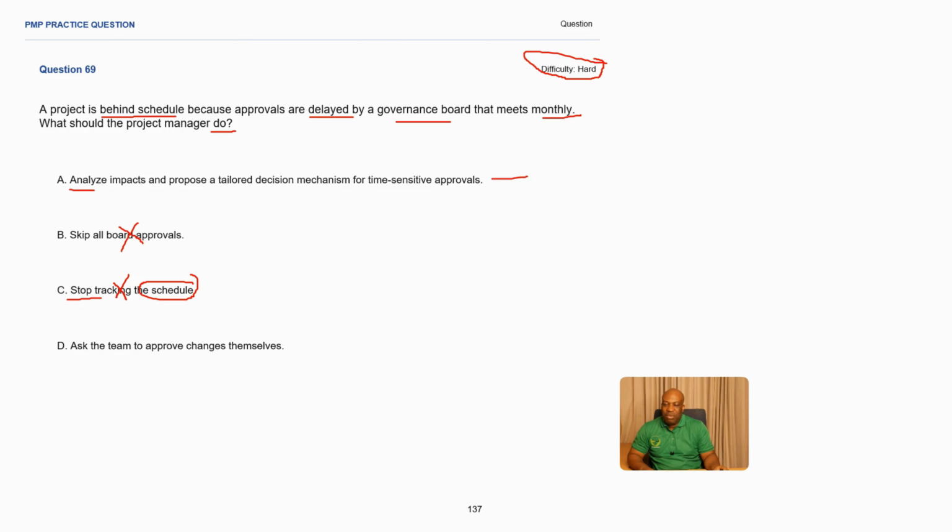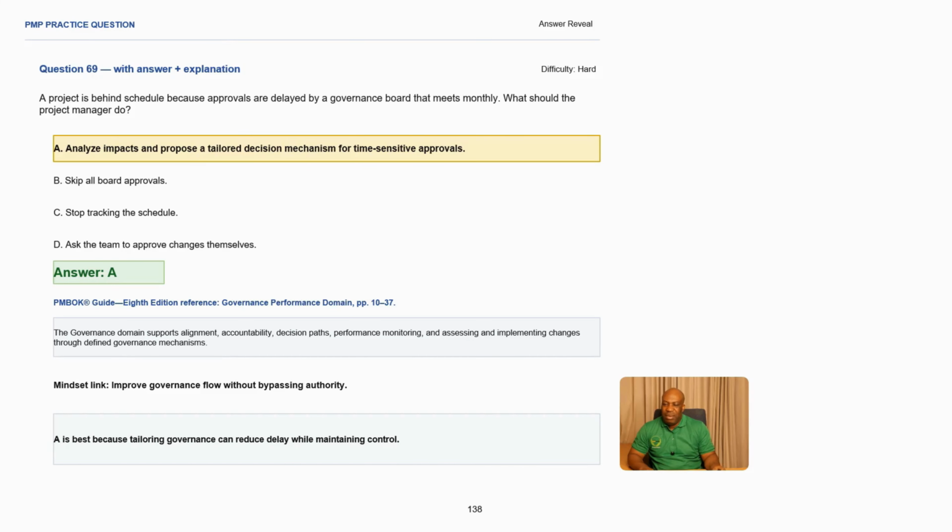Ask the team to approve the changes themselves. If approvals are supposed to be done by a higher authority, you cannot ask your team to do that, making this one incorrect. So the best answer in this scenario is A, which is to analyze the impacts and propose tailored decision mechanisms for time-sensitive approvals. And how do we reference this to our PM book?